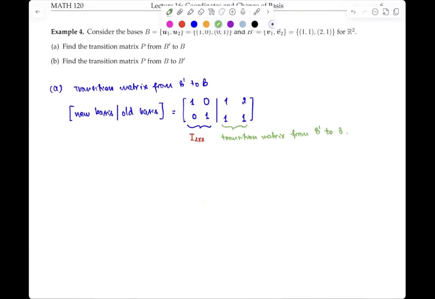All right. Now part B, so that's part A, right? So the transition matrix is (1, 2; 1, 1). So let me conclude that you have P equal to the matrix of the form (1, 2; 1, 1).